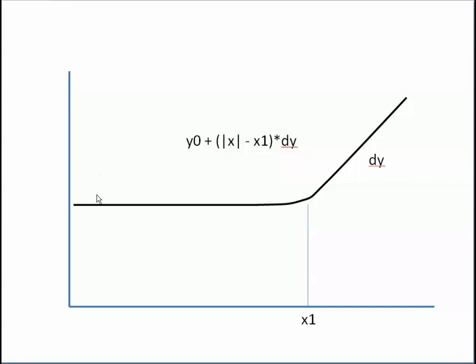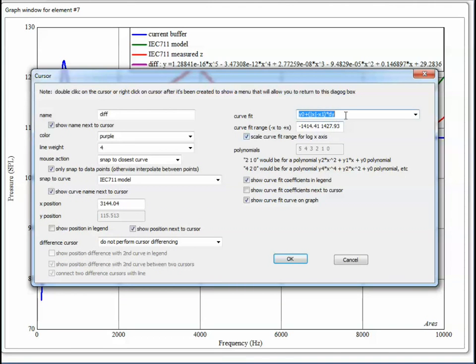How this works is it assumes the data looks roughly like this, where for small values of x, y is just a constant value. Then there's some transition point at x1, and after x1, it'll go up with a constant slope of dy. So this equation is fit to the data for the last curve fitting option. But again, I show this mostly because we can add different curve fitting options to this list here if you have a special need. So just contact May and let us know.